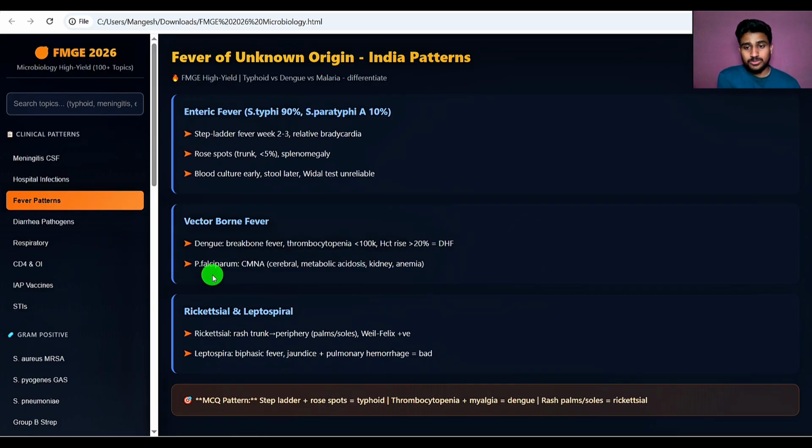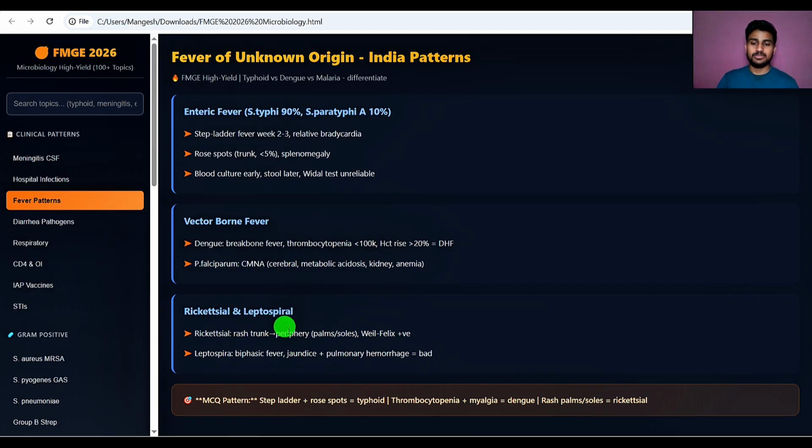The next one is Plasmodium falciparum, and it is known for cerebral malaria, metabolic acidosis, renal failure, and anemia. So it is written as CMNA, because this is a short form and you can remember it like this. Then there are rickettsial and leptospiral fevers. In rickettsial fever, the rash appears on the trunk, same as in typhoid, but there it is less than 5%, while here it is more than 5%.